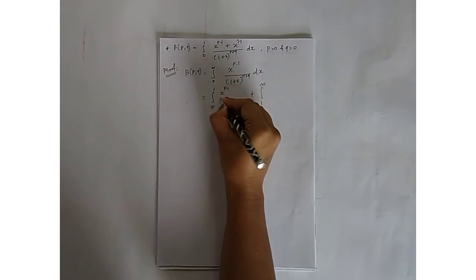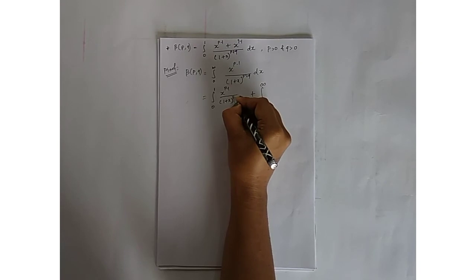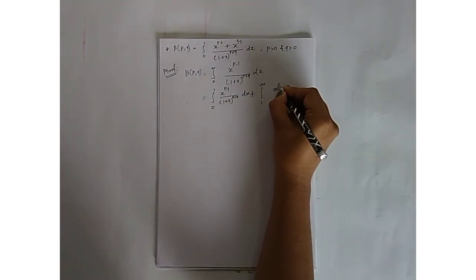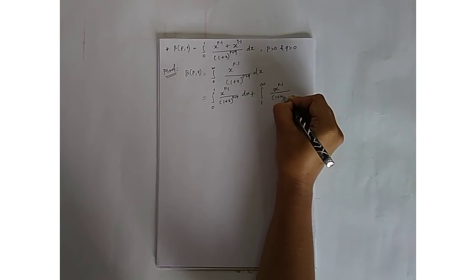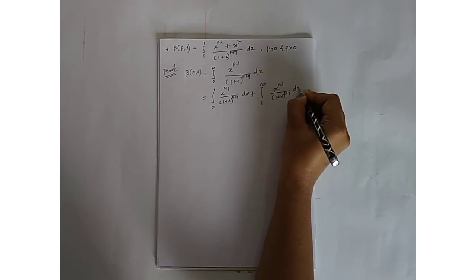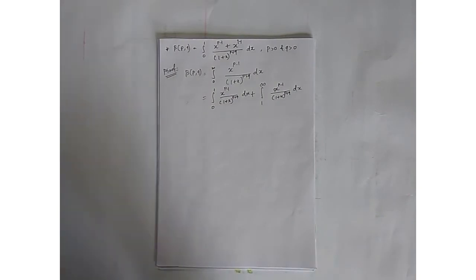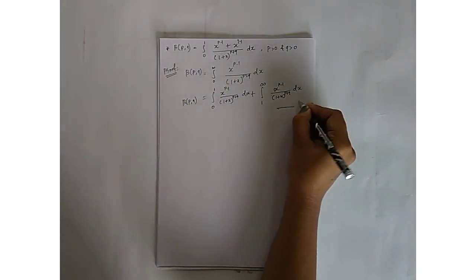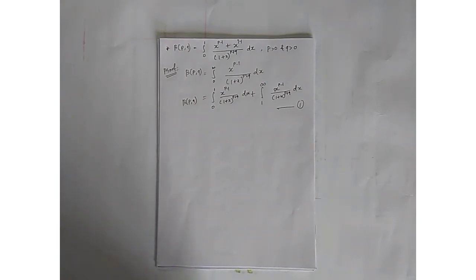So x^(p-1) upon (1 + x)^(p+q) dx. In here also x^(p-1) and (1 + x)^(p+q) dx. Beta(p, q), call it equation number 1.